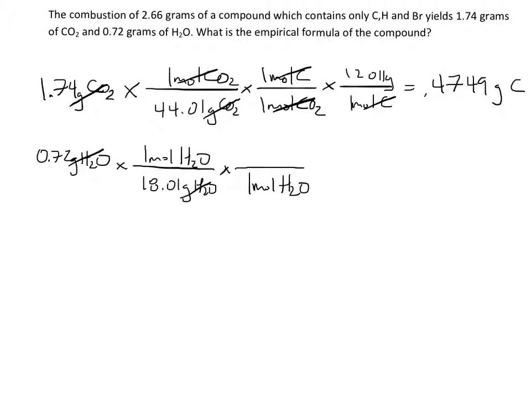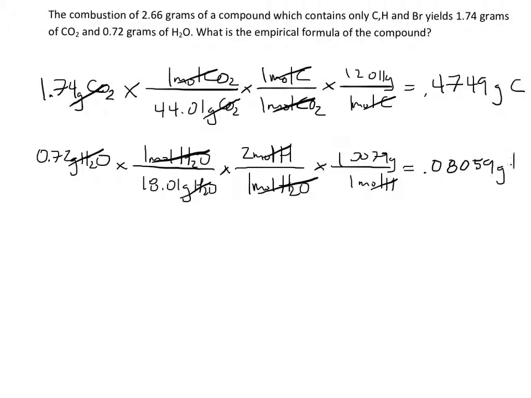We're not concerned with the oxygens, just the hydrogens. So for every 1 mole of H2O, there are 2 moles of H. Cancel, cancel, and now we convert that into grams. That shows us the original sample had 0.08059 grams of hydrogen in it.